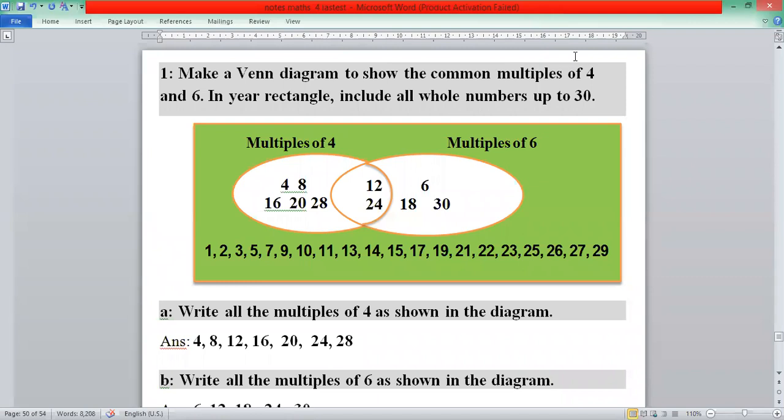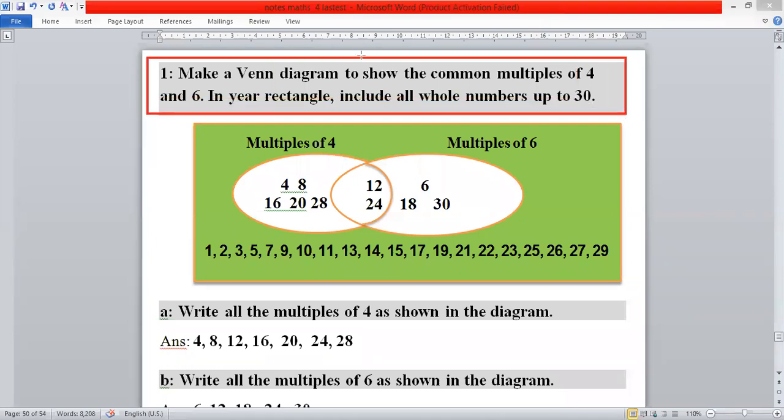In this way, dear students, you can write the answers of question 2. Here in question 2, the statement is: make a Venn diagram to show the common multiples of 4 and 6.